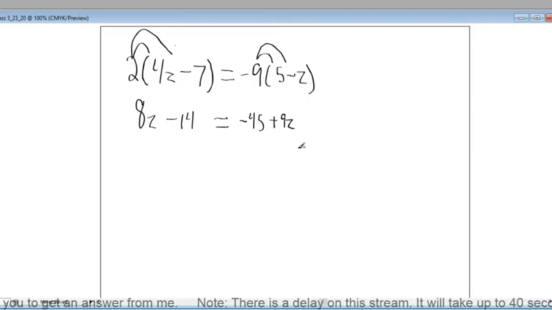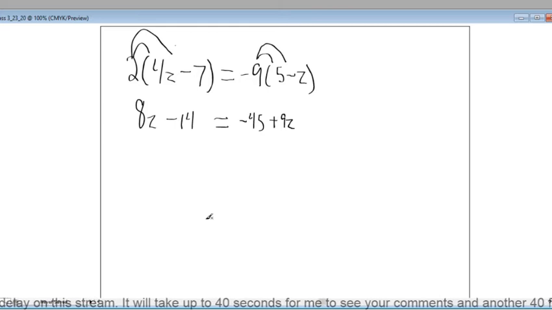We can have it on the left side, we can have it on the right side, and it really doesn't matter. So if we want to move the 9z over here, that's fine. If we want to move the 8z over here, that is also fine. The end goal, though, is still to get everything to one side and have z by itself. So we need to keep that in mind.